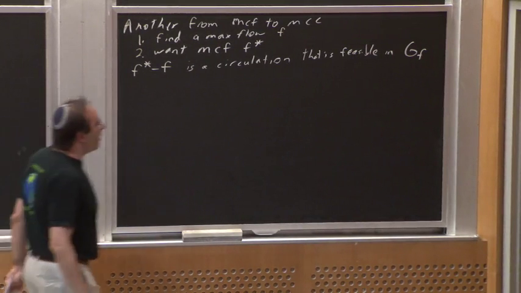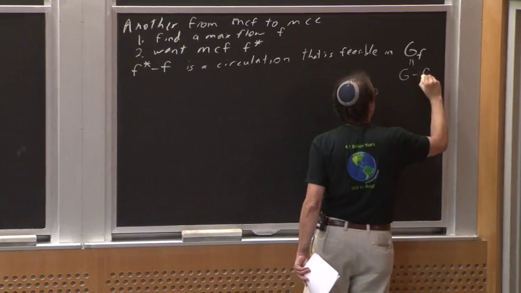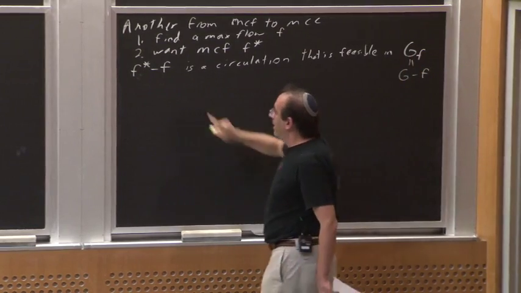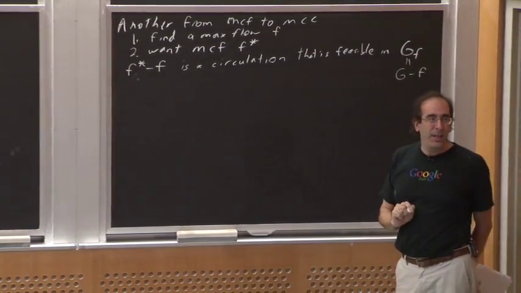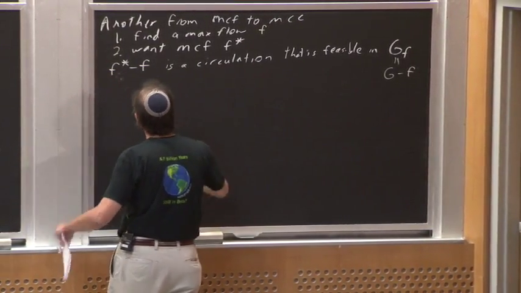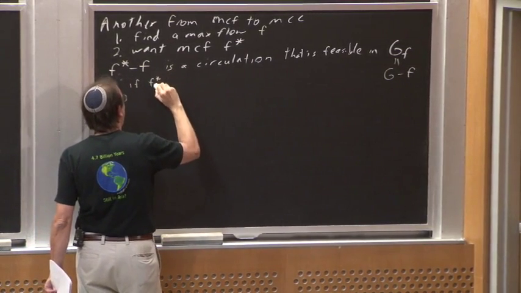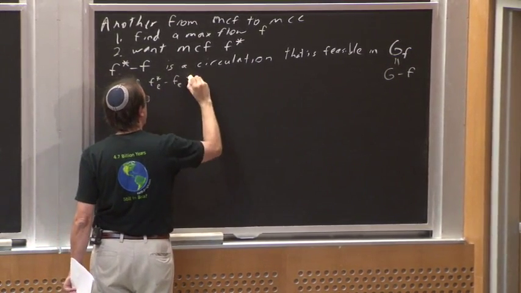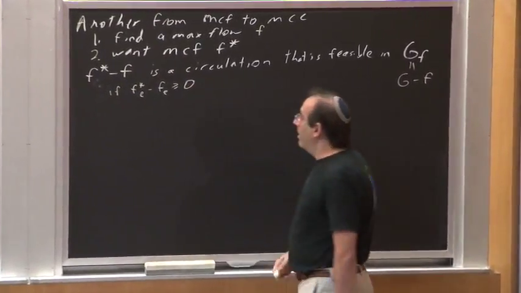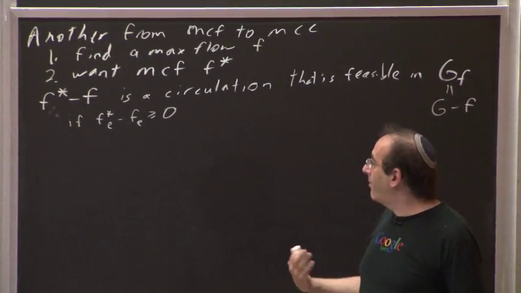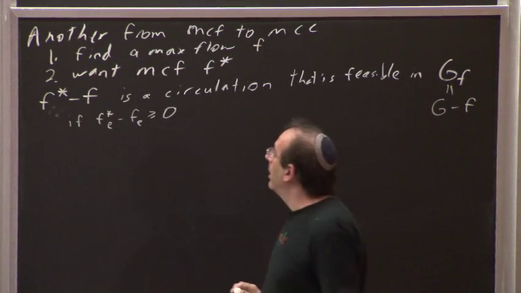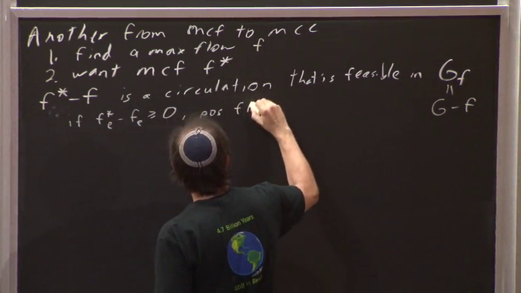Because if you think about it, the residual graph of f is basically G minus f. So if f star is feasible in G, then f star minus f is going to be feasible in G minus f. Let me fill in the details. If f star on an edge e minus f on an edge e is non-negative, that's saying I'm putting a non-negative amount of flow on edge e in the difference. So we have positive flow on e.